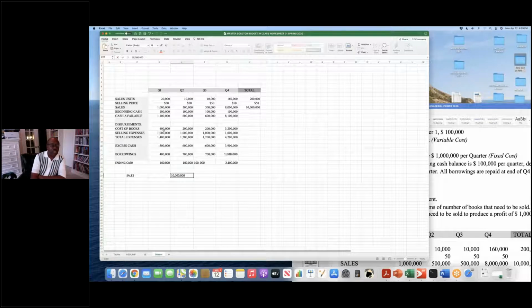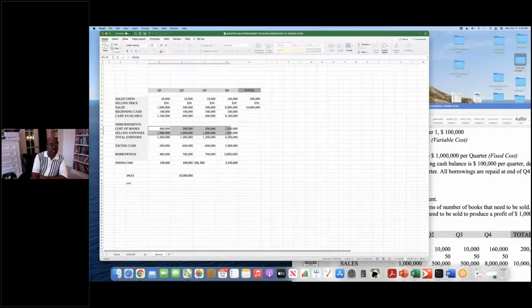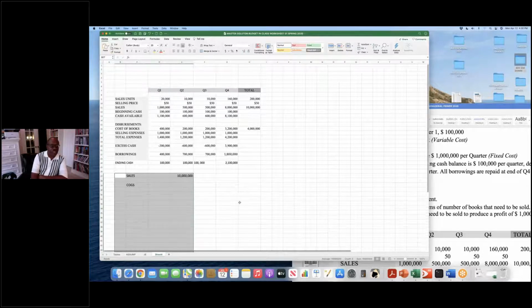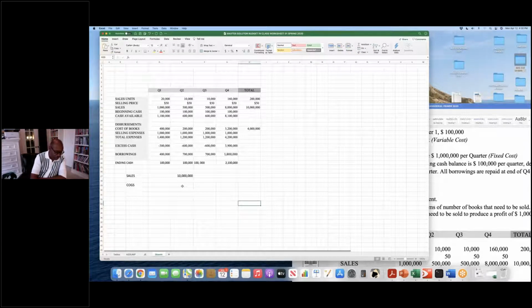Then the cost of sales is how much? 4 million, right? So the cost of sales is 4 million.